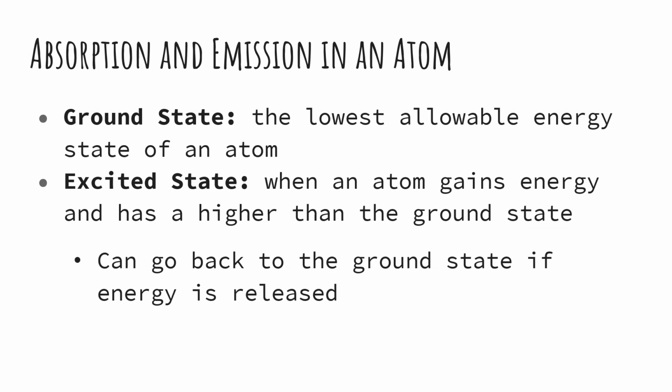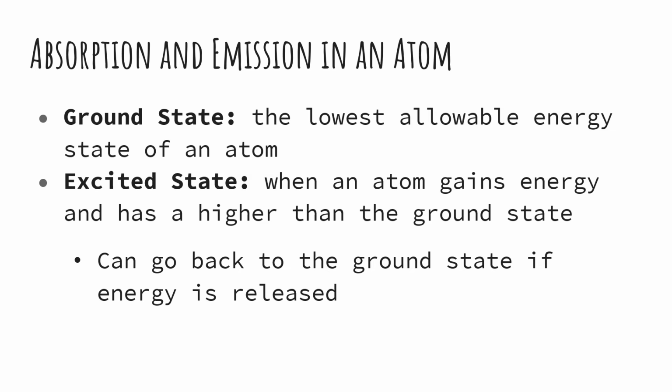Let's talk about two things first. One is something called the ground state, and the other one is called an excited state. When you hear the word ground, what do you think of? The floor? Perfect, right? When something is on the ground, we know it's at the bottom of the room. So when an atom is in its ground state, it is the lowest allowed energy state of an atom.